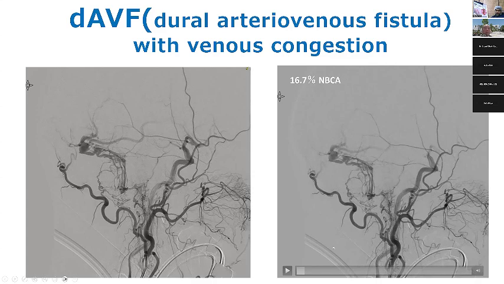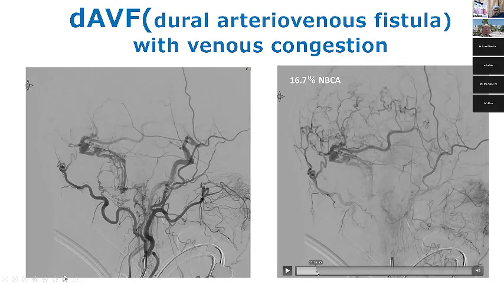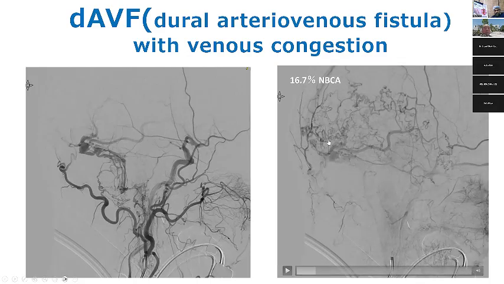In the arterial phase you can see the vein, early venous filling. So it means there is an AV shunt on the dural sinus, a dural arteriovenous fistula. This venous drainage makes stagnation in the posterior side of the temporal lobe, so it makes congestion, and we should treat this case.